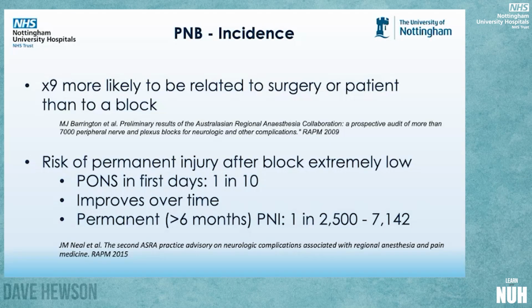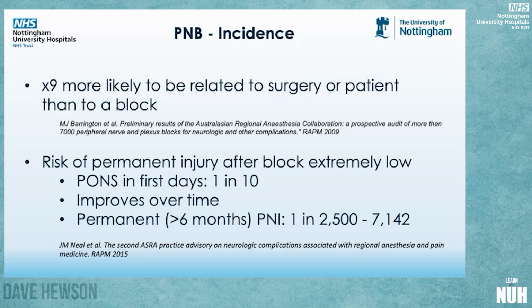We don't hear about all of those. These patients, we don't routinely follow them up in Nottingham, but they are there. And the good thing is that most of those patients with residual postoperative neurological symptoms just improve over time. And patients, because they've undergone surgery, often don't even realise they're there.